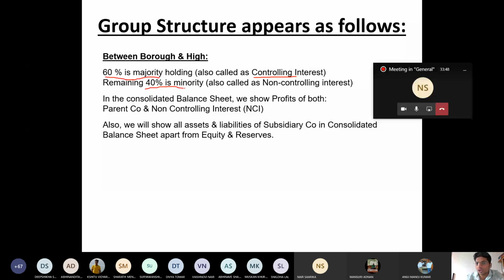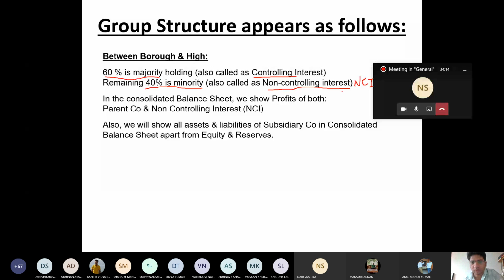It is called non-controlling interest, that is your NCI. So your parent's control is 60% and the parent does not control the remaining 40%, so this remaining 40% will become non-controlling interest.